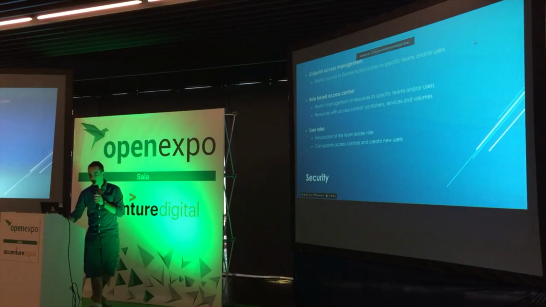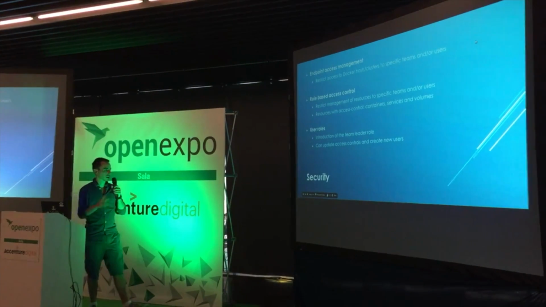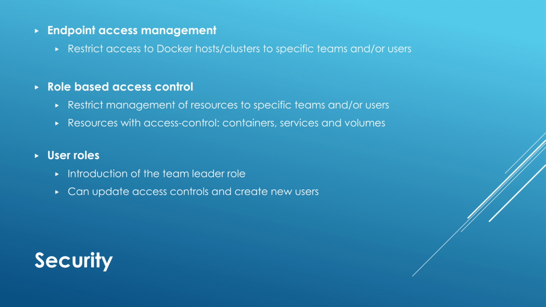Cool. And I'm going to talk a bit about security. We recently introduced new features that are oriented to security. So things that are not present or available in Docker. So here we're going to talk about endpoint access management. So as I've shown you, you can manage multiple Docker environments straight from one Portainer instance.